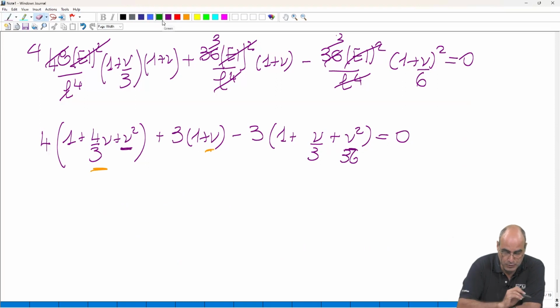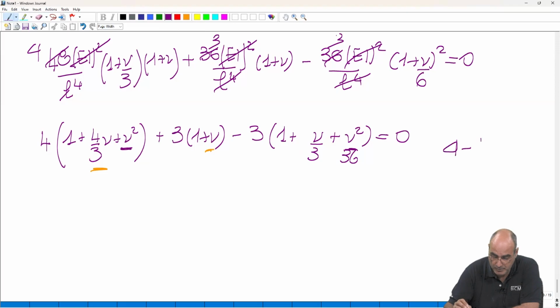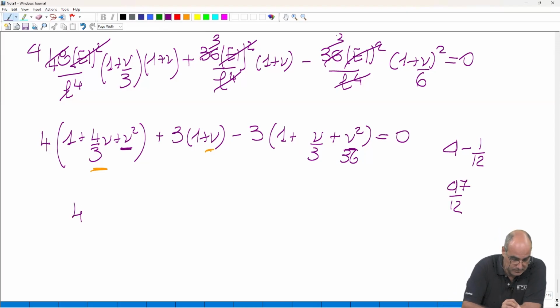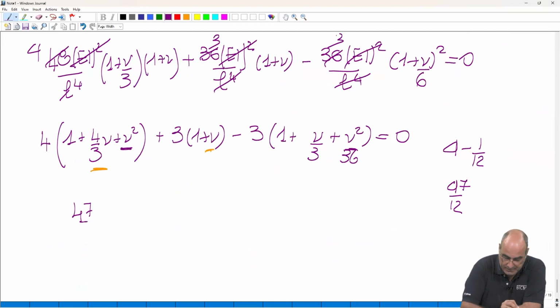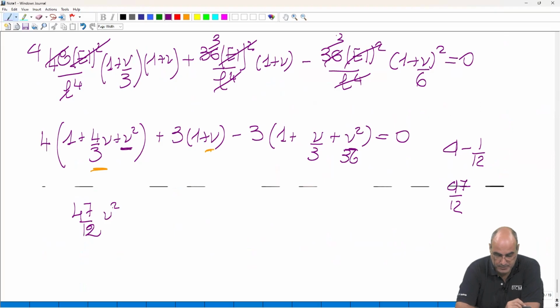The terms in n squared are 4 minus 3 over 36, which is 4 minus 1 over 12, which is 47 over 12, if still I have not done anything wrong. Yes, it should be like this. So it's 47 over 12 n squared.